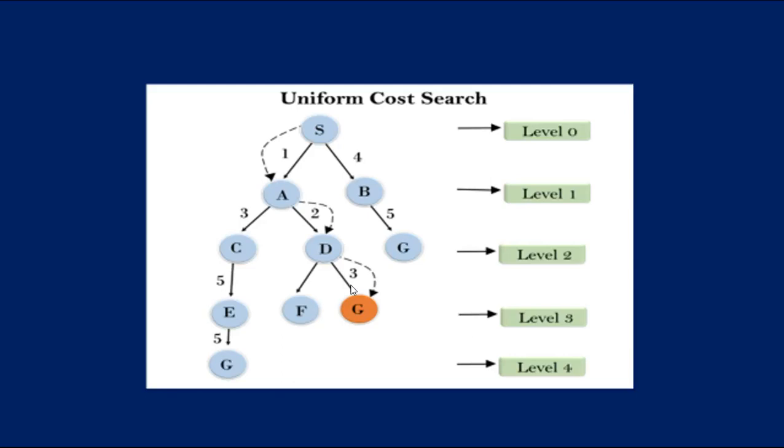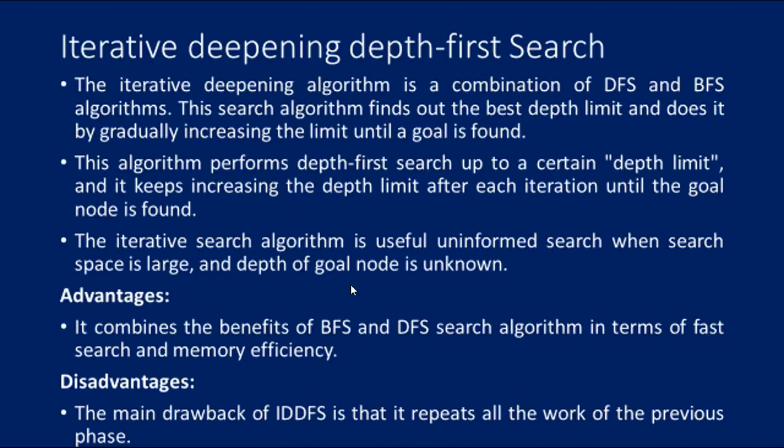Next, the search we are going to see is iterative deepening depth first search. The name itself indicates deepening depth first search. It is an algorithm combining the DFS and BFS algorithms. The search algorithm finds the best depth limit by gradually increasing the limit until a goal is found.